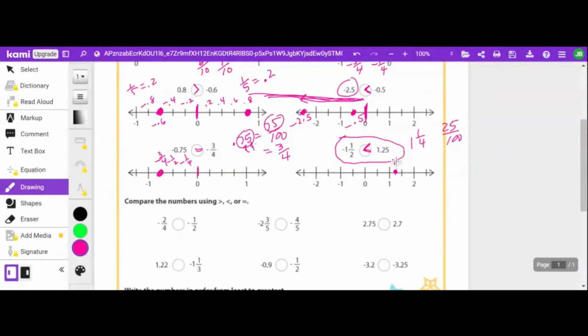So that's 1.25. And negative 1 1/2 is going to be right here. So on the number line, that's where those numbers would be plotted. And so the 1.25 is bigger than the negative 1 1/2.